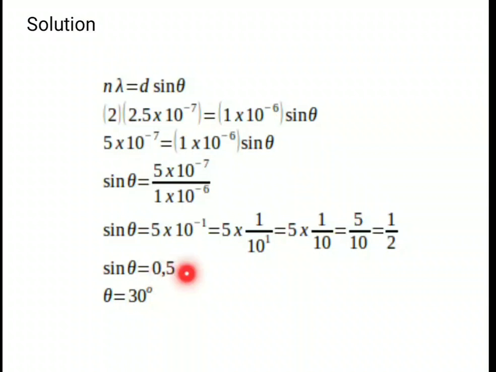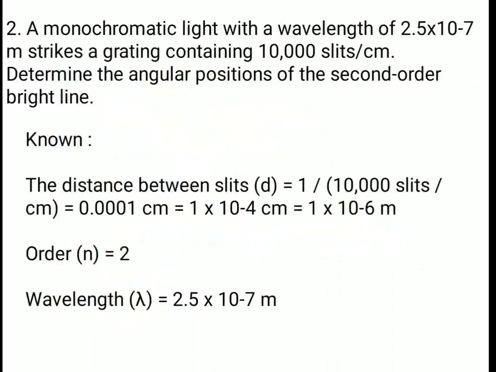This value is equal to 0.5. Now, sin theta value is equal to 1 by 2 at theta equal to 30 degrees. That means, in this problem, the angular position of the second order bright line is 30 degrees.